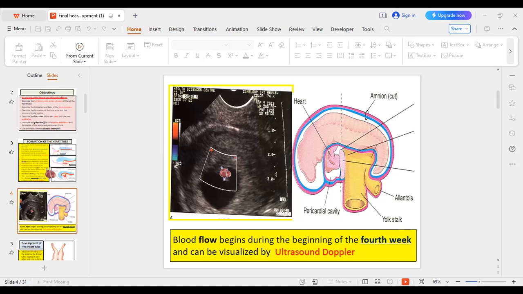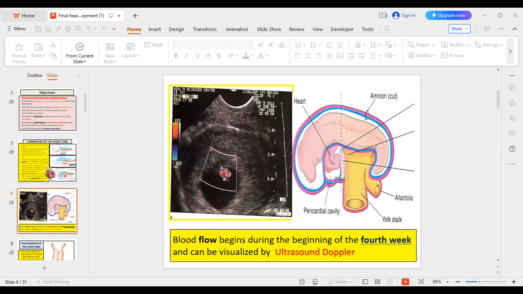You can see the atrioventricular canal, the septum primum, the primordial interventricular septum, and the fused endocardial cushions. You can see the right and left atrioventricular canals, and then the foramen primum.